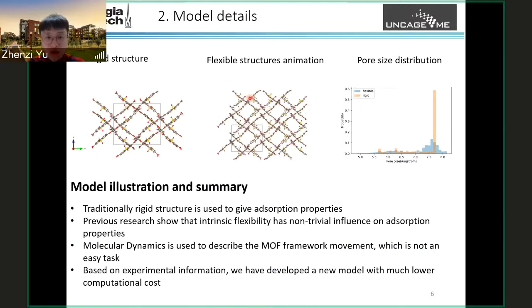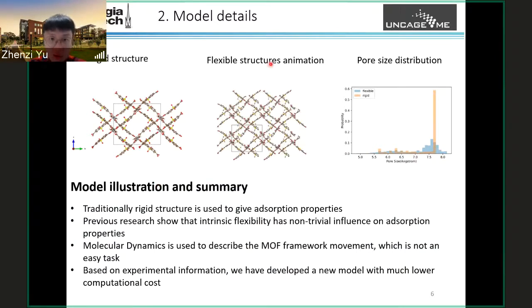Say when you take into consideration the atom vibration and linker rotation, those types of intrinsic flexibility would change the pore size distribution, as we can see from the figure on the right. After taking flexibility into consideration, the pore size distribution is wider, and thus has an influence on the adsorption property.